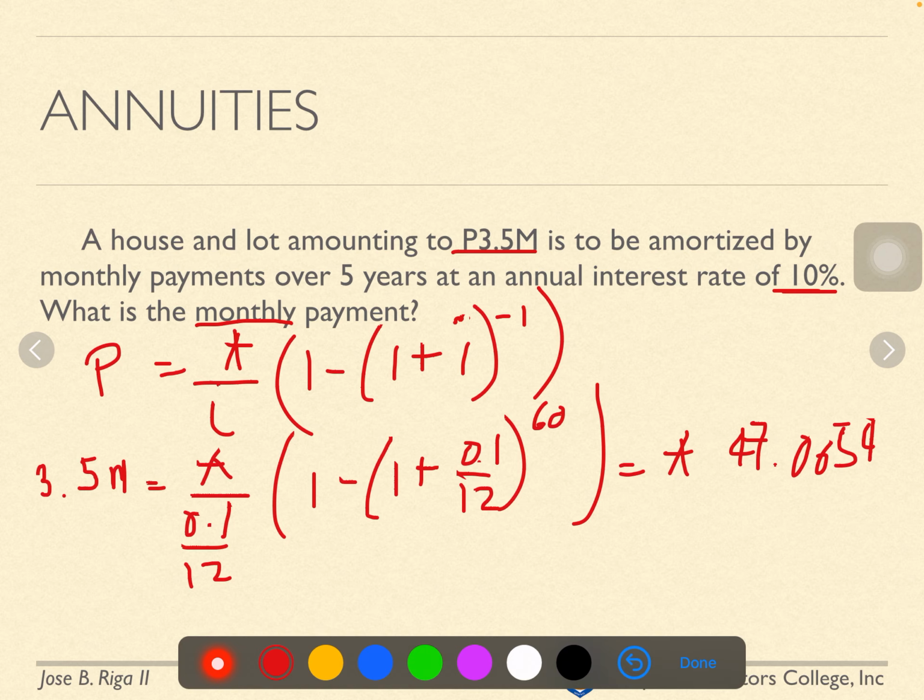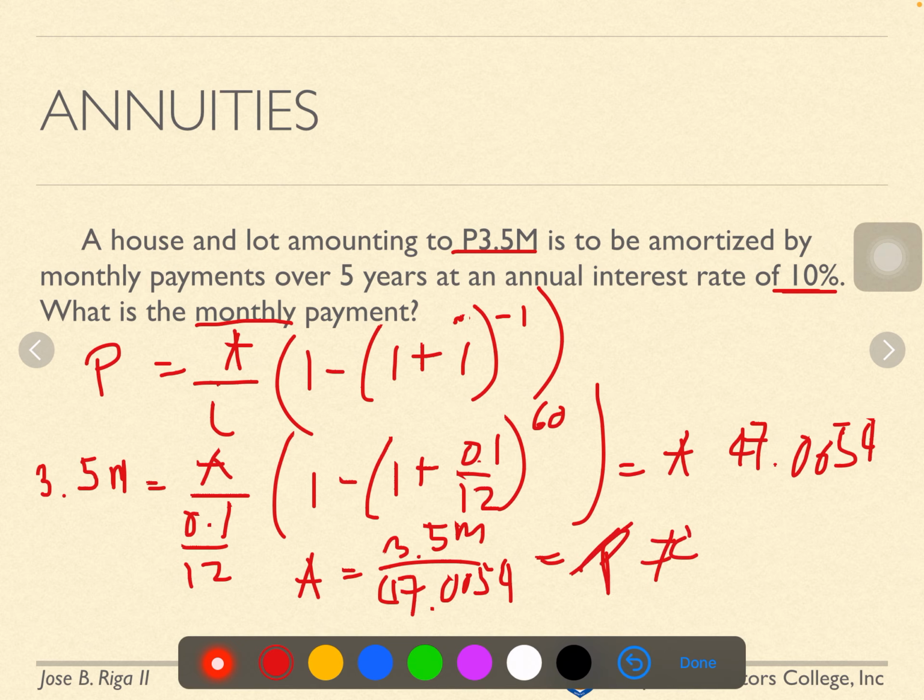So A will be 3.5 million over 47.0654, which is 74,364.61. So that's the monthly payment.